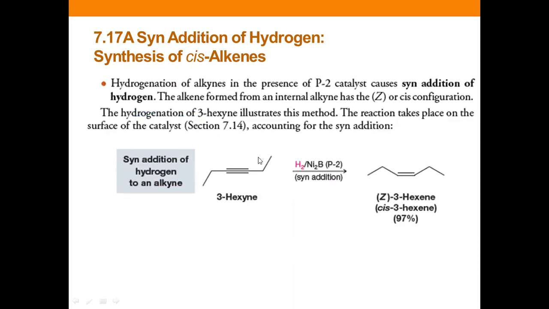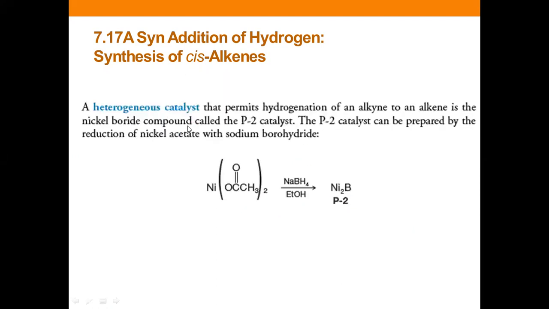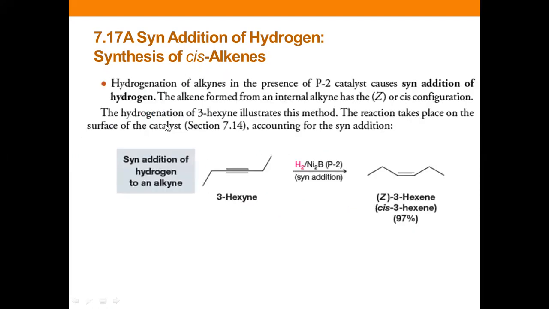So nickel boride is one of the catalysts that's being used in the hydrogenation reaction to follow the syn addition. So the syn addition of hydrogen to your alkyne in the presence of nickel boride, your P2, actually proceeds with syn addition. So what happens when you have your H2 and you use this catalyst, you actually produce a syn addition. So you have your hydrogens on the same side.